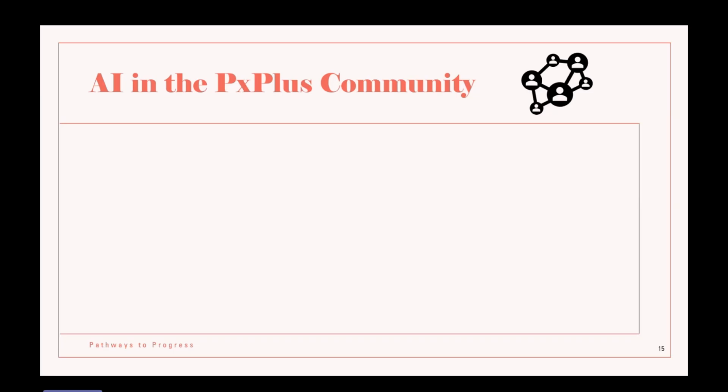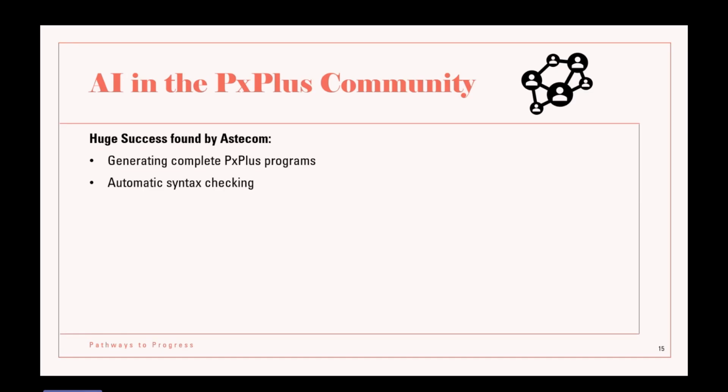I'm going to paraphrase a lot, but he talks about how Asticom has been working extensively with AI, including the generation of web applications and business logic, and recently they applied it to PxPlus development, and they found huge success with it. They're not simply generating code snippets, but complete PxPlus programs. It does its own syntax checking, fixes code automatically, creates test routines, and even compiles and validates everything.